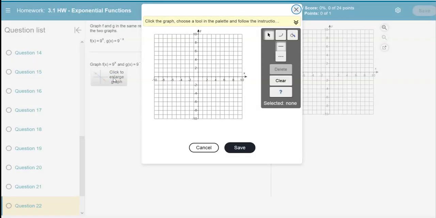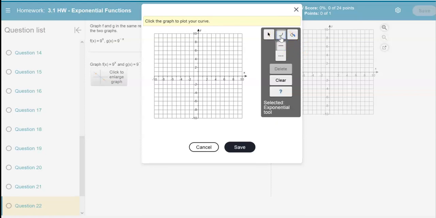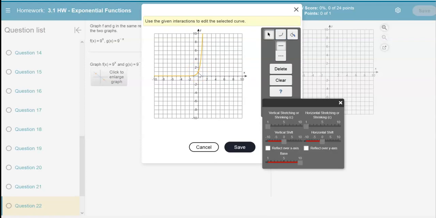Typically they give me a choice of tools to select, but notice I only have the one tool, the exponential tool, and also they usually tell me how many points I need to graph, but I'm not seeing that available. It says click the graph to plot your curve, so I know one point on the graph is right here, 0, 1, because 9 to the 0 gives me 1. So I'm going to plot that.